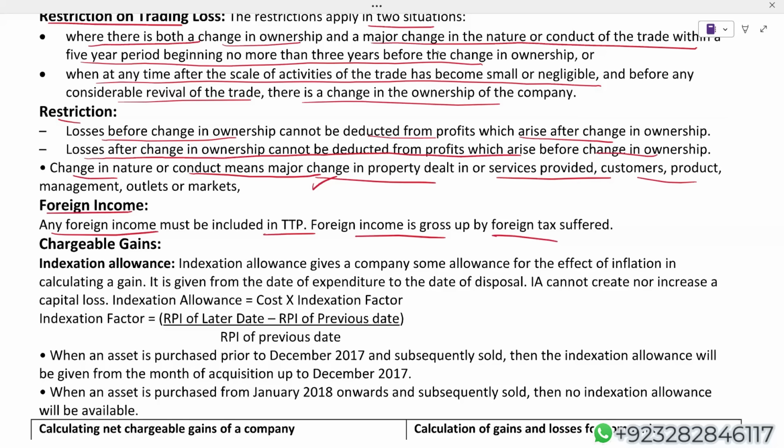No matter when they are sold, the main concept is assets that are chargeable and were bought before December 17. Then, if you are selling them after December 17, indexation allowance is applicable from the date of purchase till December 17. After December 17, there is no indexation allowance.